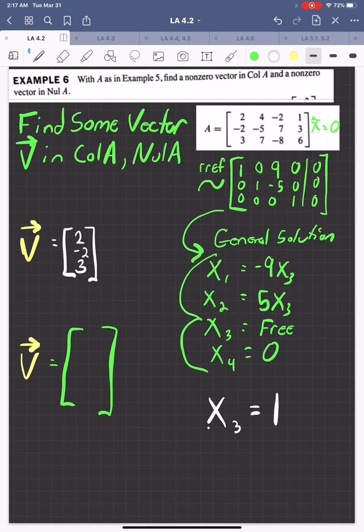Ready? Now, with this in mind, let's build our vector. If you choose 1 for x sub 3, we'd have a negative 9 here, and a 5 here. Obviously, we would have a 1 here. And it doesn't matter what we choose for x sub 3 because we would have a 0 here. So there are your two vectors. One is a vector in the column space, and one is a vector in the null space.